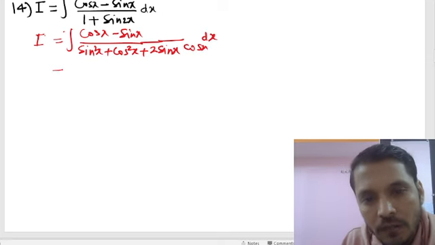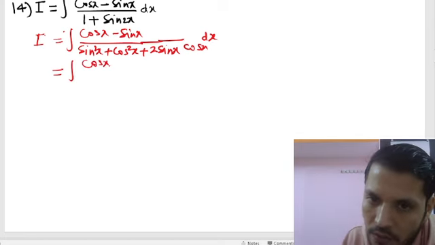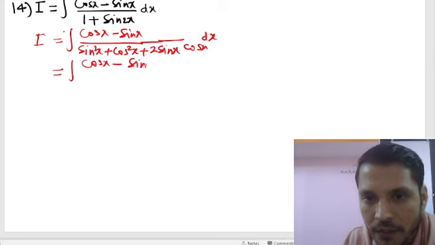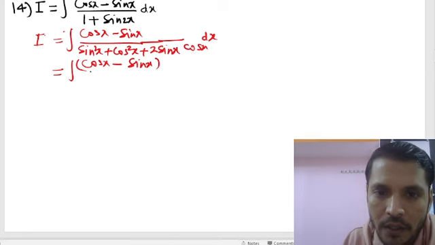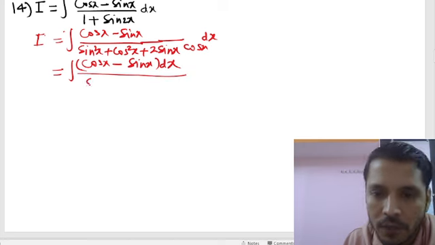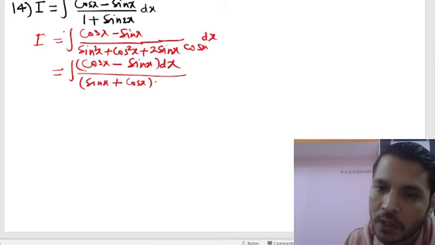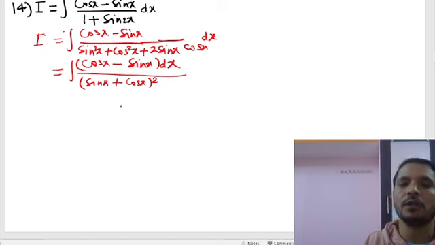So now we can rewrite it as (cos x minus sin x) as it is, into dx, and the denominator will become (sin x plus cos x) whole square, because you can see there is a square plus b square plus 2ab.